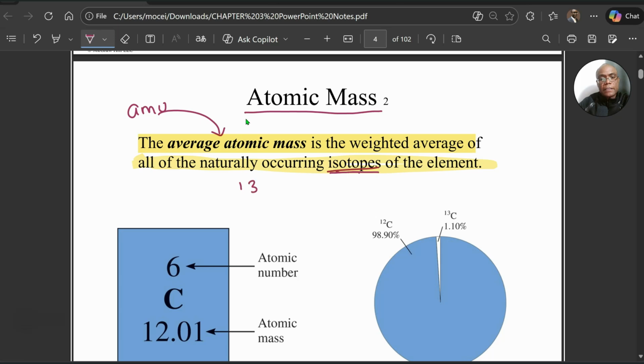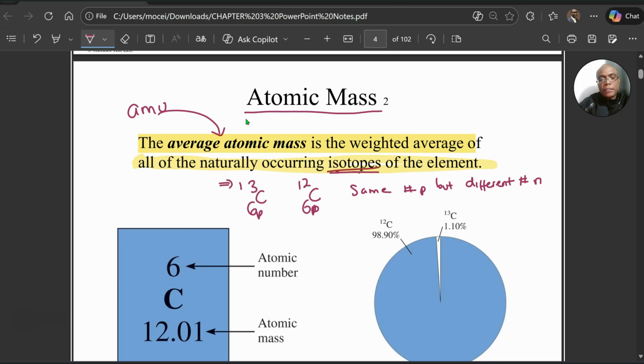Carbon can exist as carbon-13, or it can exist as carbon-12, but both of them will have 6 protons. So isotopes of an element are different forms or occurrences of a given element, like carbon, that has the same number of protons but different number of neutrons.